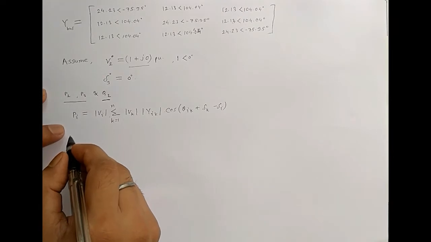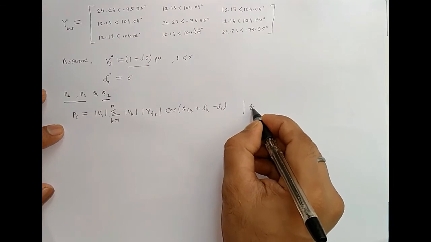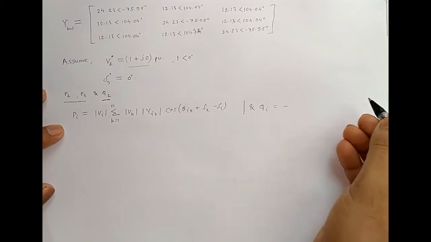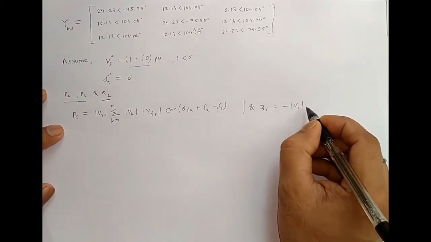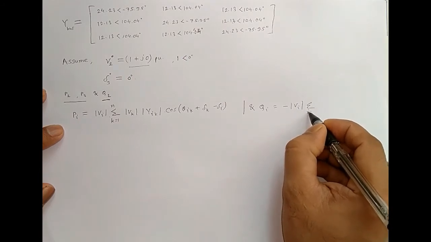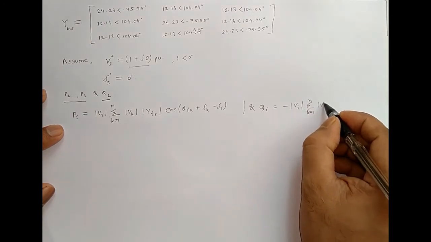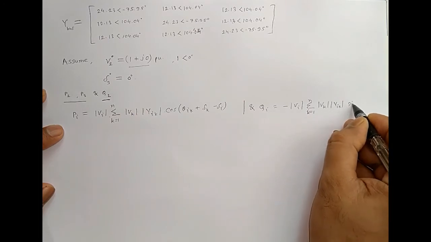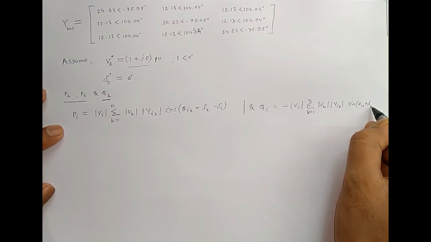In a similar way, Qi will be negative of mod of Vi, summation of k equals 1 to n, mod of Vk, mod of Yik into sin of theta ik plus delta k minus delta i.